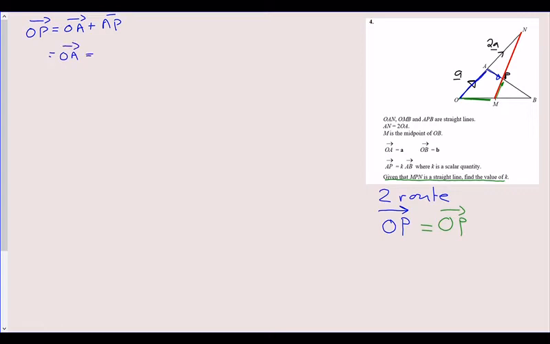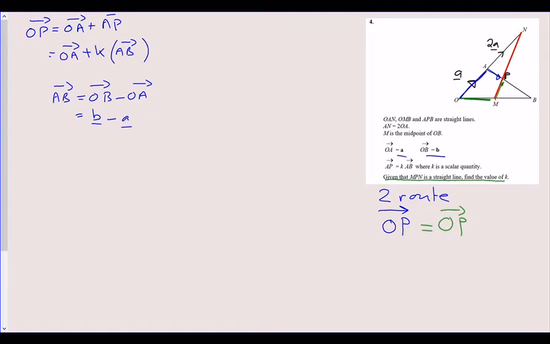So we'll use the letter k for this. So AP is k times AB. Let's find the vector AB. AB is going to be equal to OB minus OA. I've been told that OB is b and OA is a. So I've got b minus a.